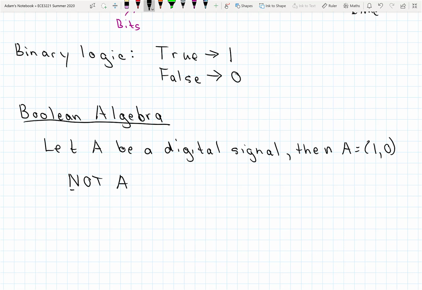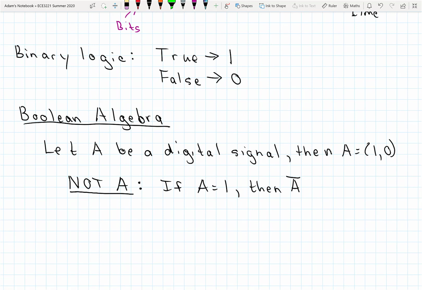Okay, so a NOT operation on the value of A means that if A was originally equal to a 1, then not A, so A with a bar over it is how we represent not A, is going to be equal to 0. Okay, very simple, something that everybody has seen before. If A started as a 0, then not A would be a 1.